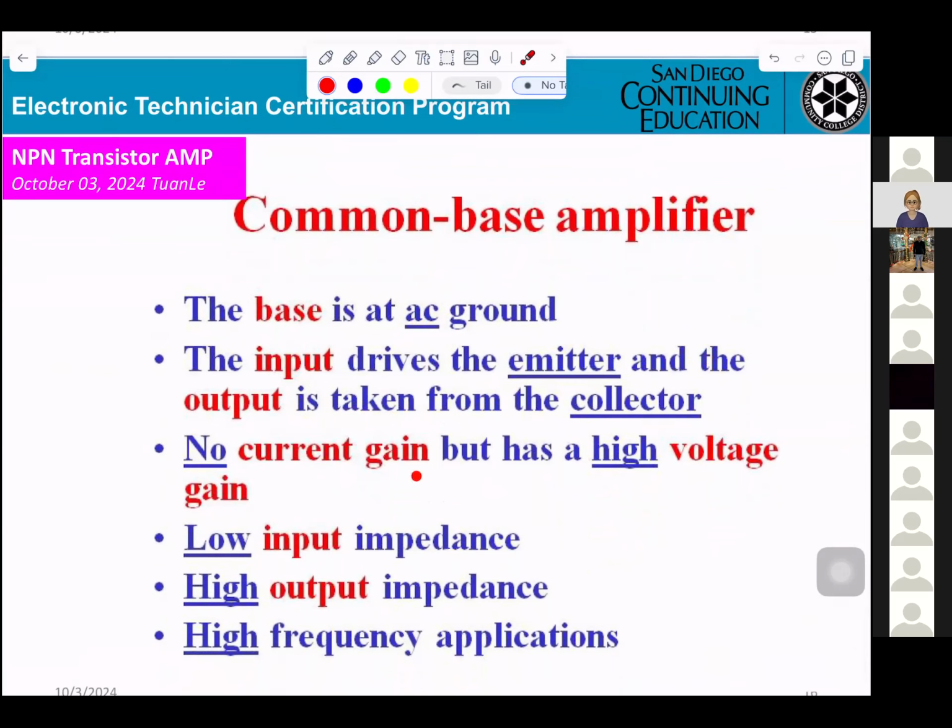No current gain, but a high voltage gain. Low input impedance, high output impedance, high frequency application. That's what you try to memorize. This is a summary of what you need to know.